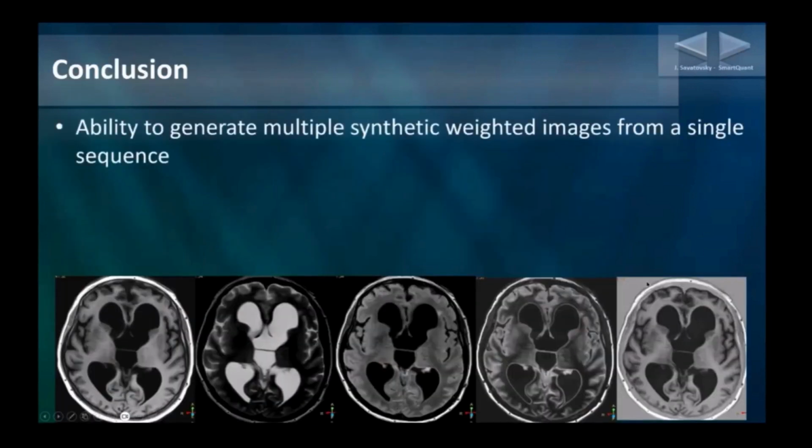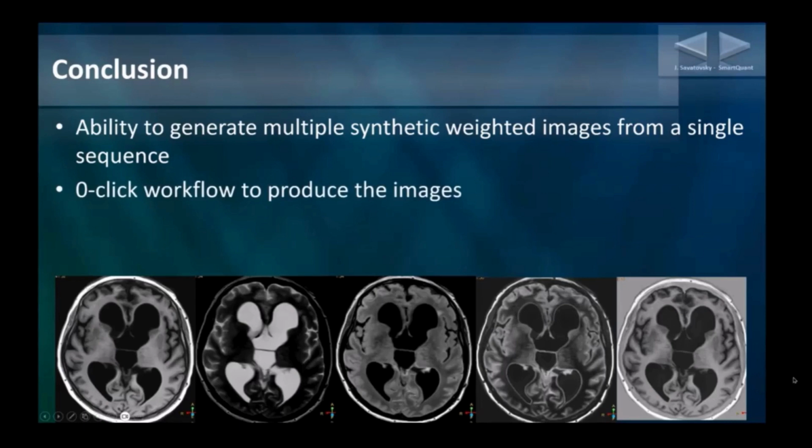So to conclude, we now have the ability to generate multiple synthetic weighted images from a single sequence. So both with 2D and soon with 3D sequences, we can, by using SmartQuant, generate as many synthetic weightings as you need for one given clinical application, and it is customizable which synthetic weightings you will obtain.